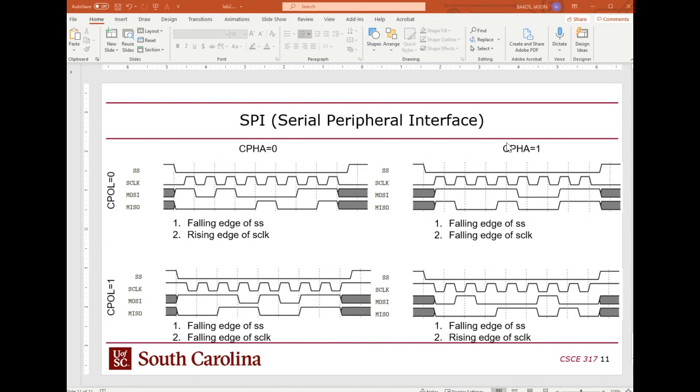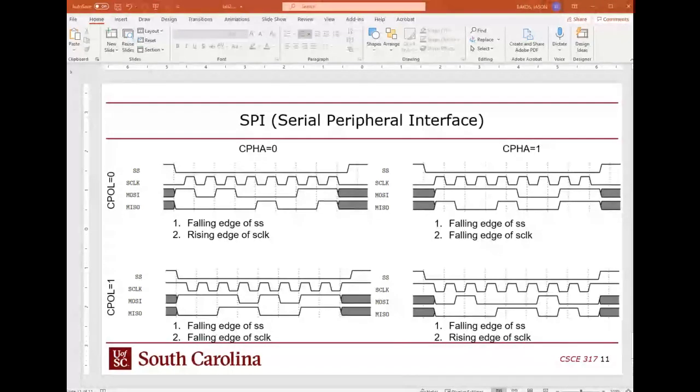So they're consistent. In real life, they don't change because whenever you hook up a peripheral to a processor, that peripheral is going to have a fixed CPHA and CPOL. So even in practice, you wouldn't have to worry about those things changing. It's kind of just the way that you initialize the channel.